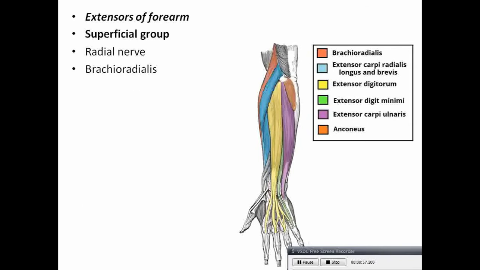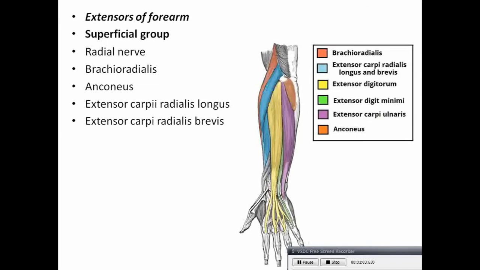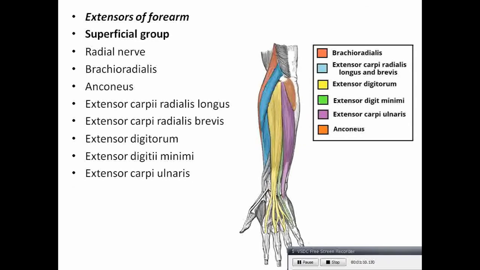The muscles here are brachioradialis, anconeus, extensor carpi radialis longus, extensor carpi radialis brevis, extensor digitorum, extensor digiti minimi, extensor carpi ulnaris. So let's see the muscles one by one.